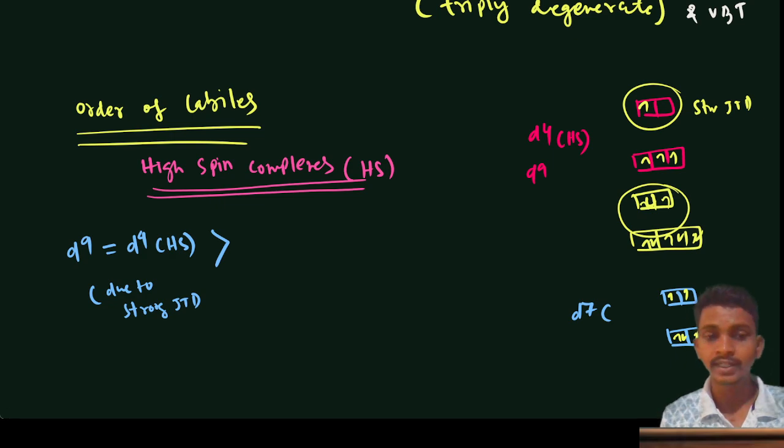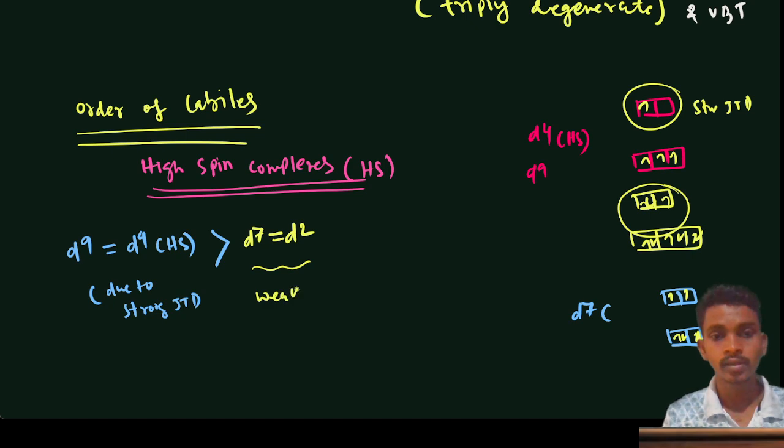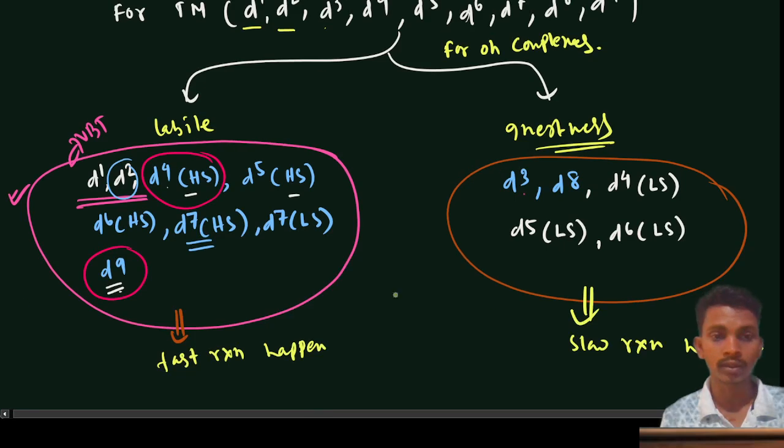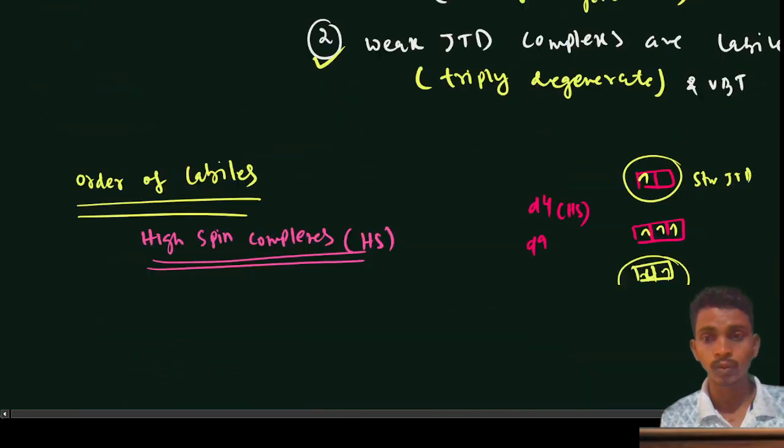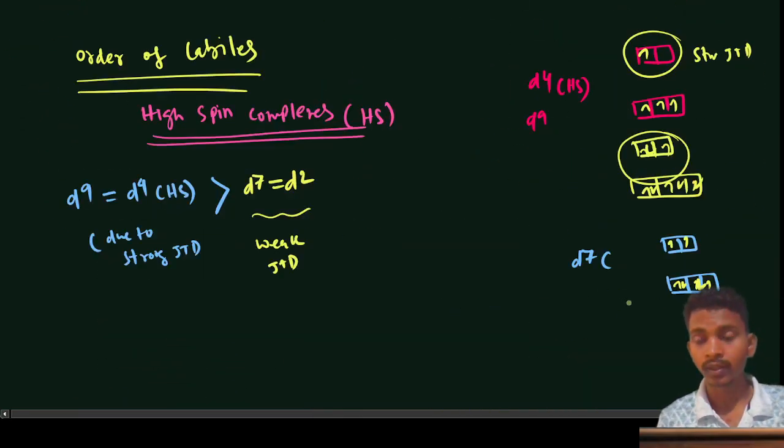So this is triply degenerate. So this D7 and this D2 are due to weak JTD. They are highly labile after strong JTD. D7s and D2.